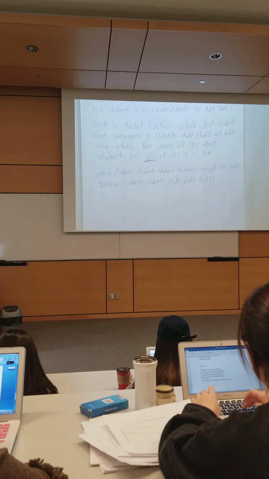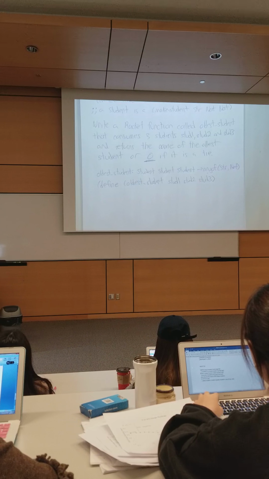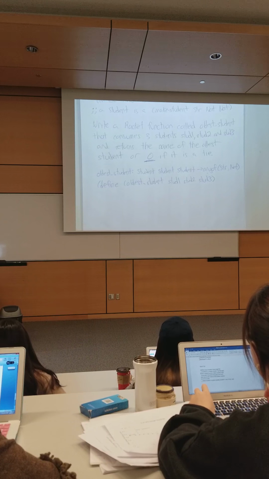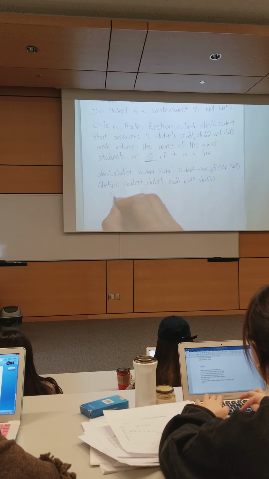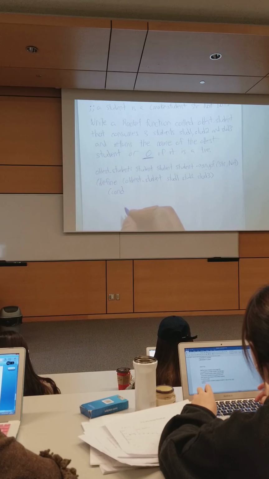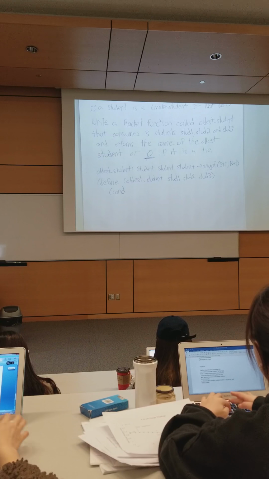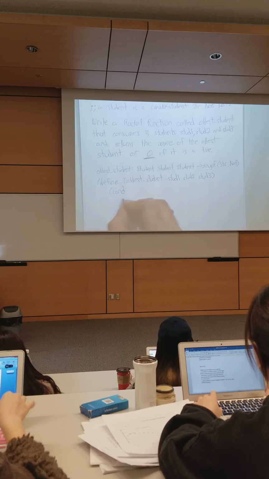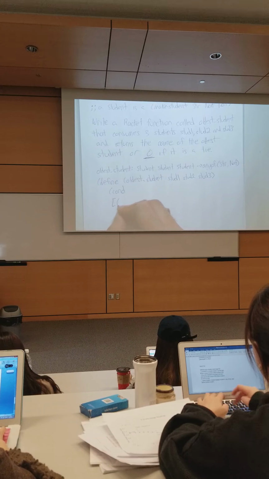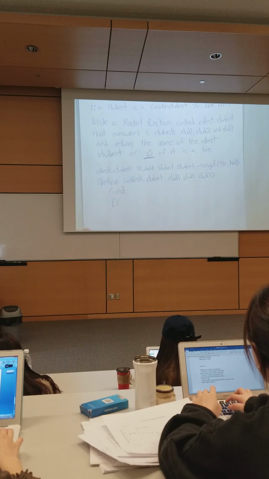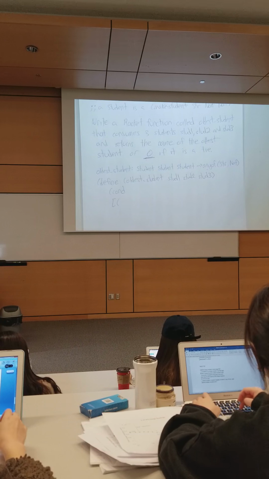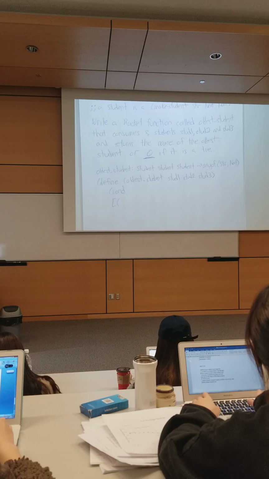So, let's have 4 conditionals, 1 condition for each of these. Okay? So, cond. For the first condition, when student 1 is the oldest, what should we check for? We want to see if student 1's age is greater than student 2's age and it's greater than student 3's age.